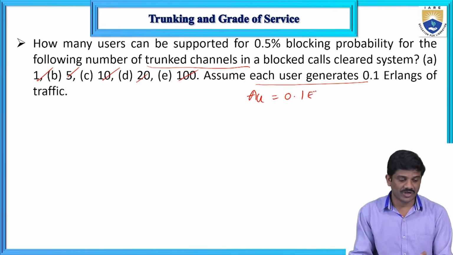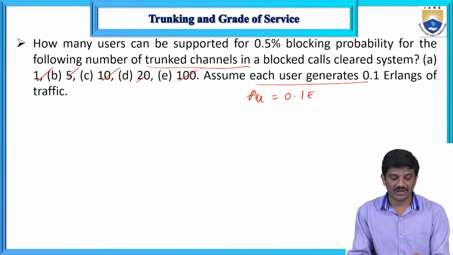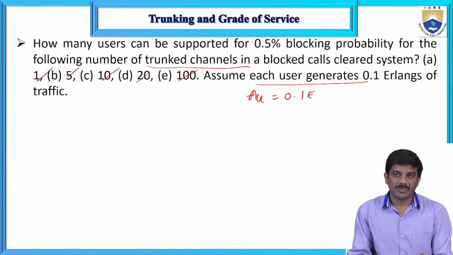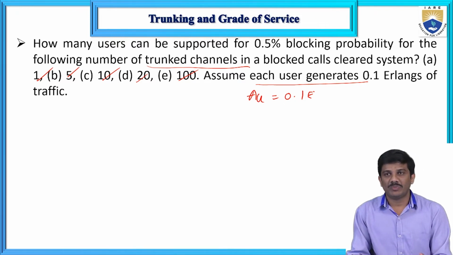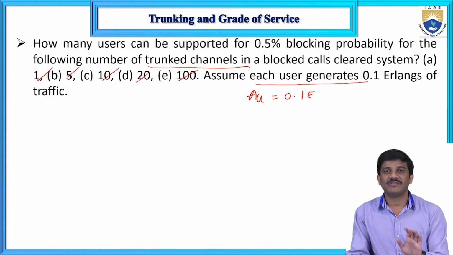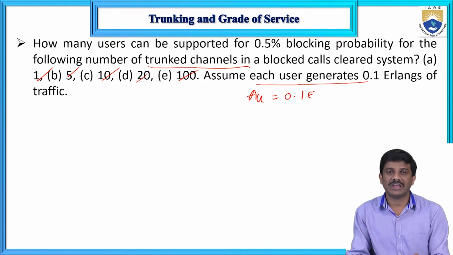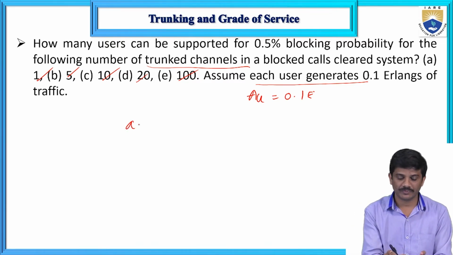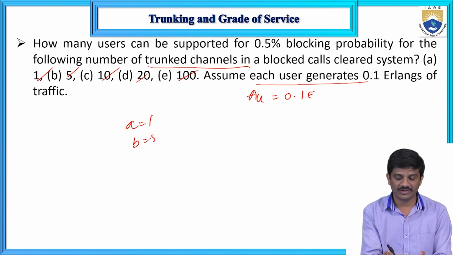The given data from the problem: AU equal to 0.1 Erlangs. And the trunked channels are A equal to 1, B equal to 5, C equal to 10, D equal to 20, and E equal to 100.